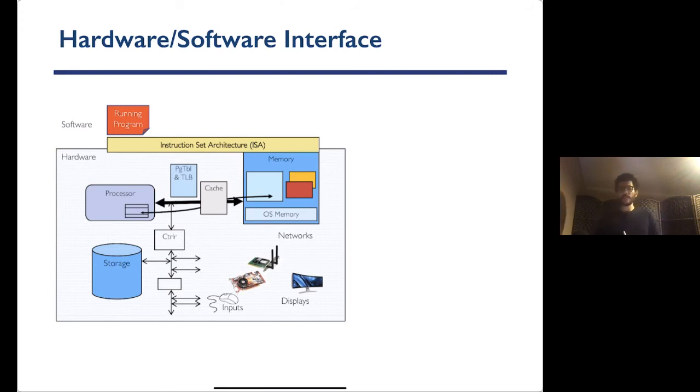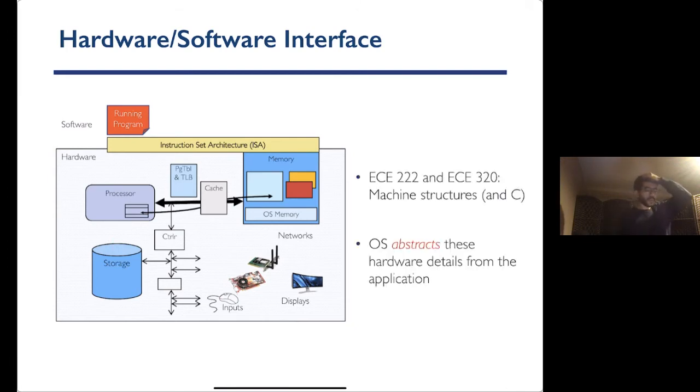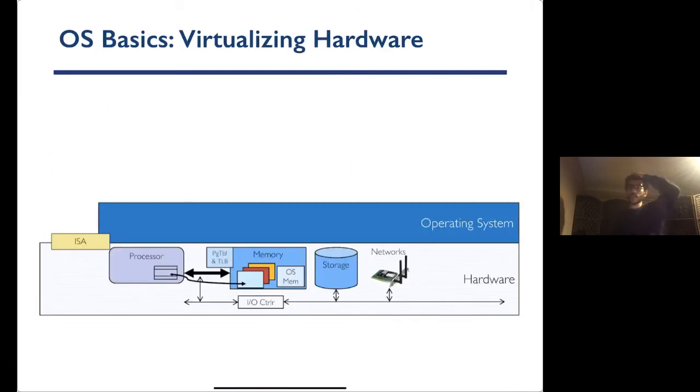But is it safe to allow software to interact with this ISA in an unprotected manner? And the answer, as we will soon see, is no. We don't really want to allow software to directly access the hardware. So what do we do? We put an operating system in between. On top of our hardware, we're going to put the operating system.